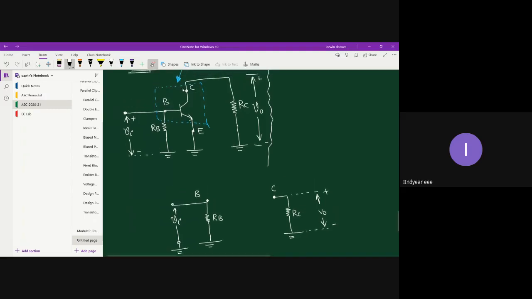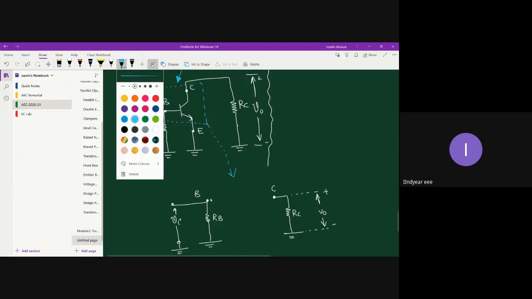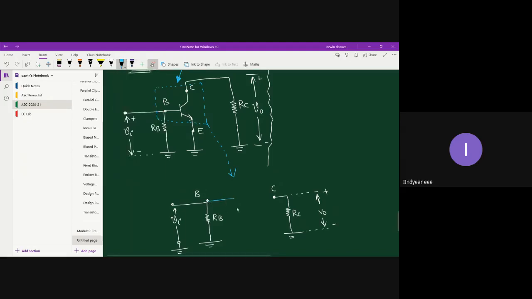Now, in place of the transistor symbol, let us substitute the re model. So from the base, I'll connect it to beta re, and from the collector I will connect it to beta IB.